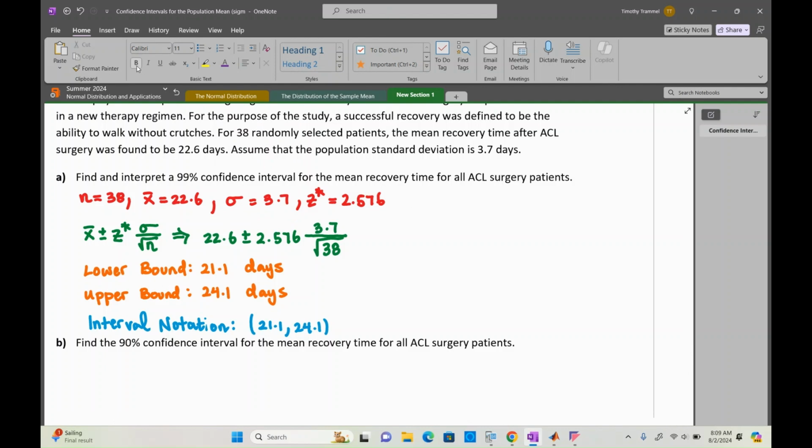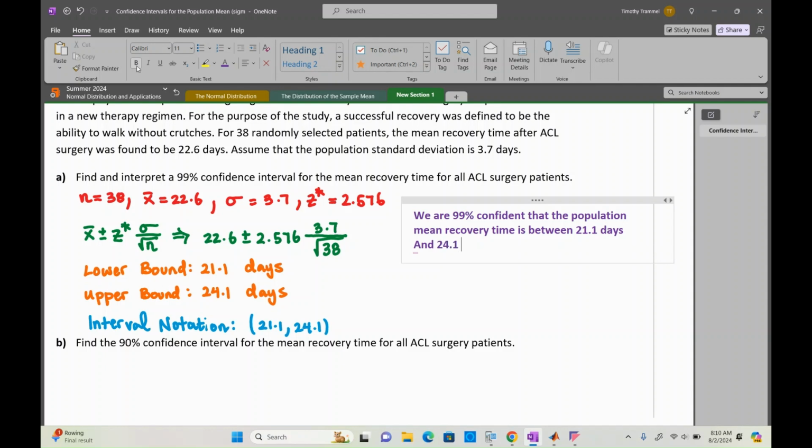So what I'm going to say is that we are 99% confident that the population mean recovery time is between 21.1 days and 24.1 days.